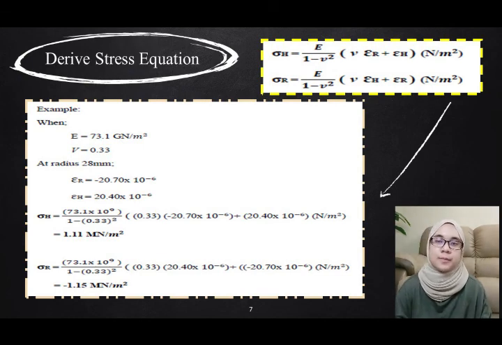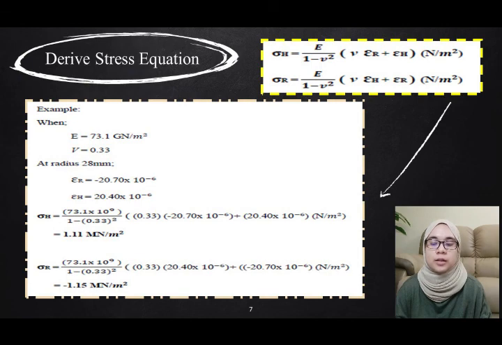And in the example, we use E, which is Young's modulus, equal to 73.1 giganewton per meter square, and V equal to 0.33, at the radius of 28 millimeter.